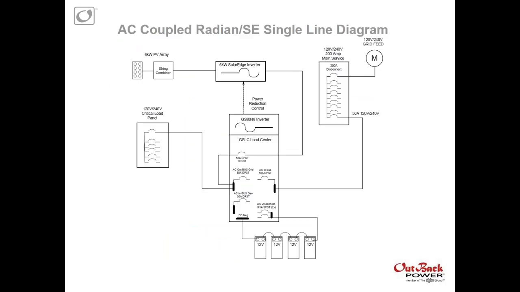So let's talk about the SolarEdge in particular. This is a single line diagram. If you recall what we just looked at a moment ago, this is pretty much the exact same thing. You've got your array, you've got your inverter going to the main panel in the grid. Soon as the power from the grid stops coming in, we go ahead and flip that relay, and we're operating just on this portion over here.